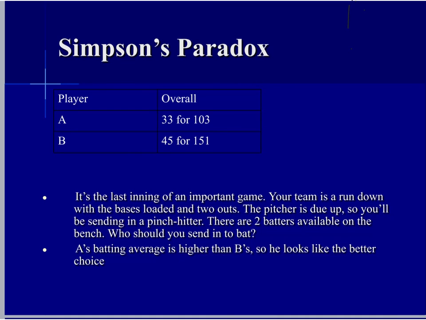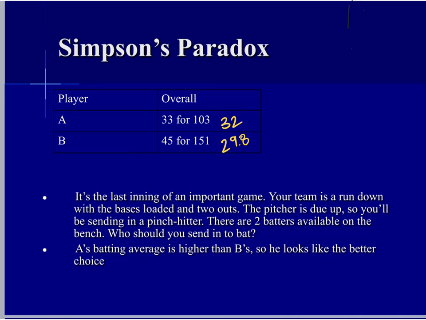Well, if you look at these percentages just the way they are, player A has a 32% batting average, and player B has a 29.8% batting average.